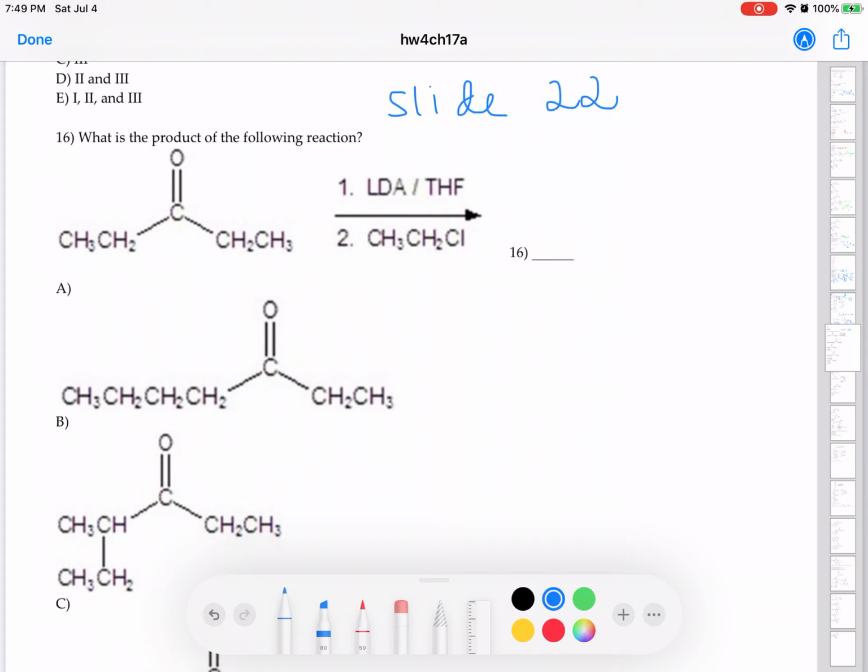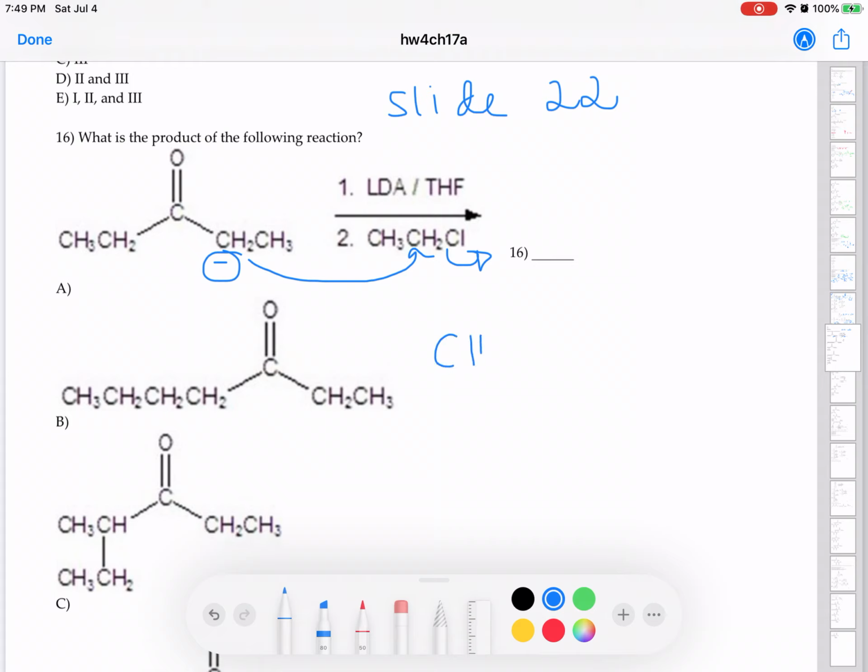Okay, again when you add LDA, there are 2 alpha carbons, so either one could lose alpha hydrogens, and then once you make that carbanion enolate, it's going to go here and then leave chloride.